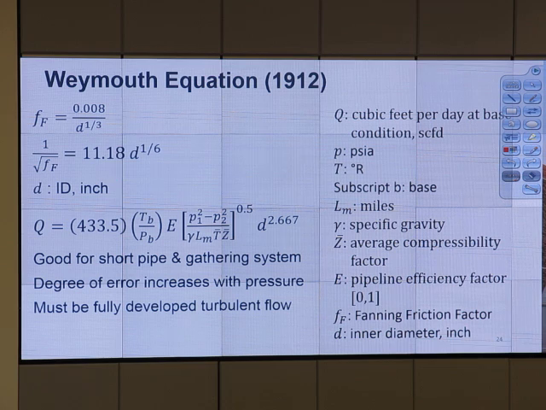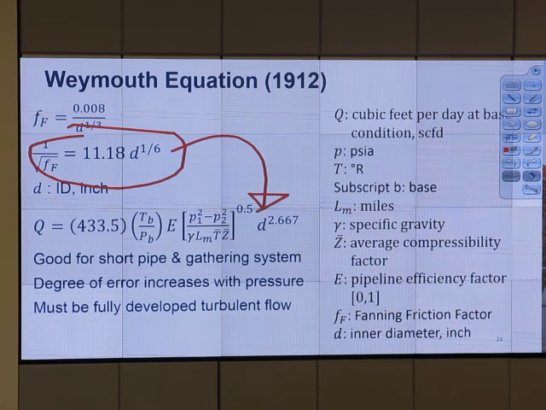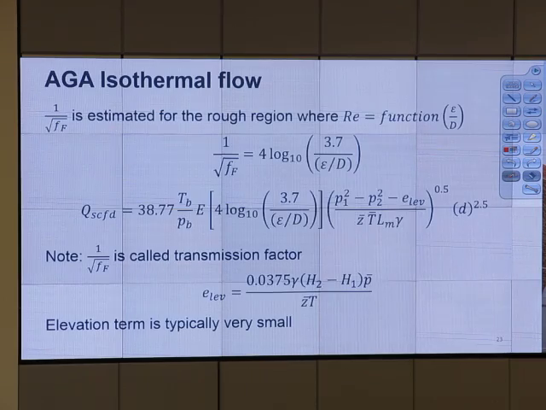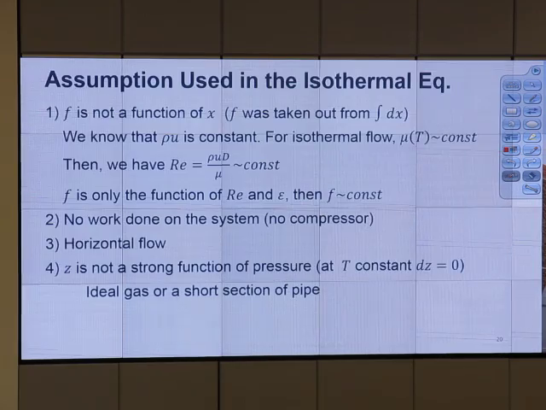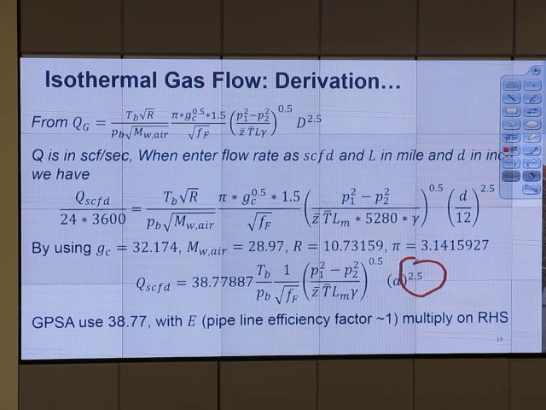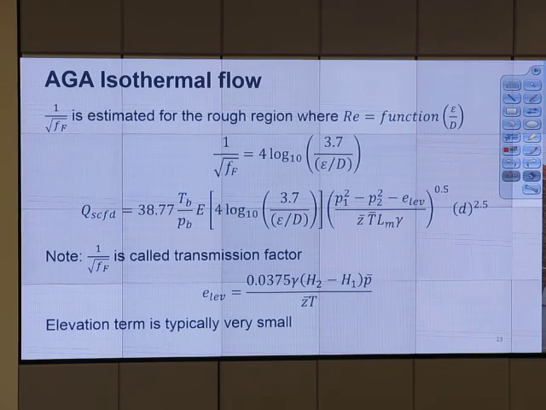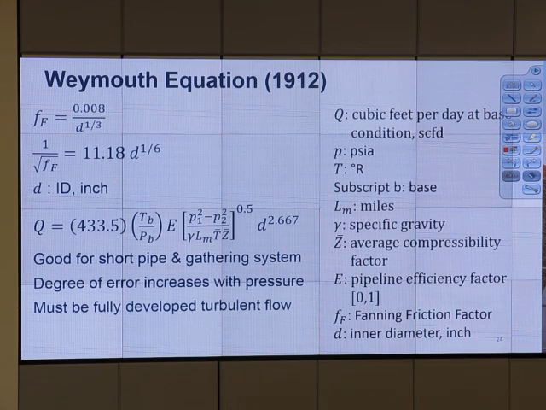So we absorb or merge this term with that diameter. Previously we have d to the power of 2.5. That's theoretical isothermal flow. Weymouth expresses 1 over square root f in a different form and has another unknown constant in the front, puts d over there, and then done.